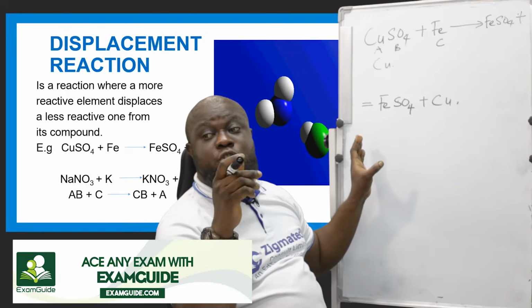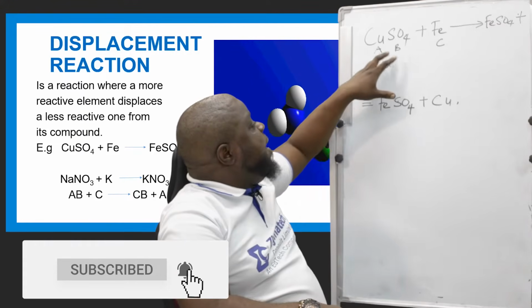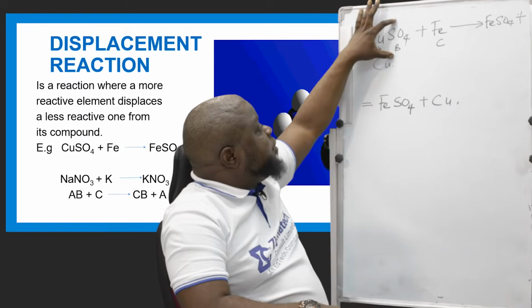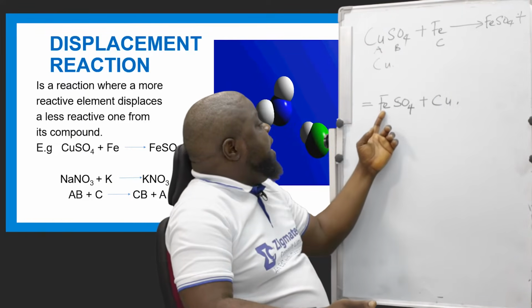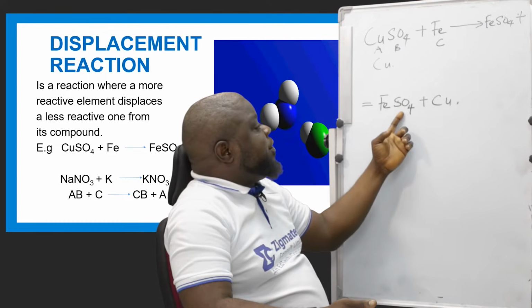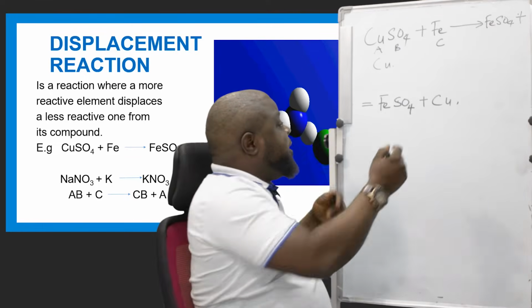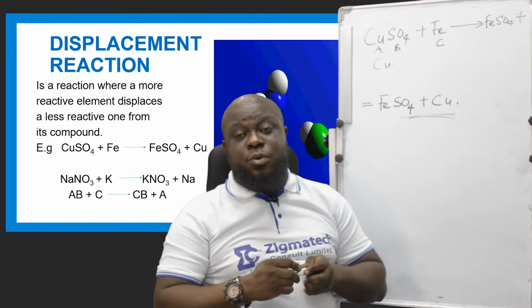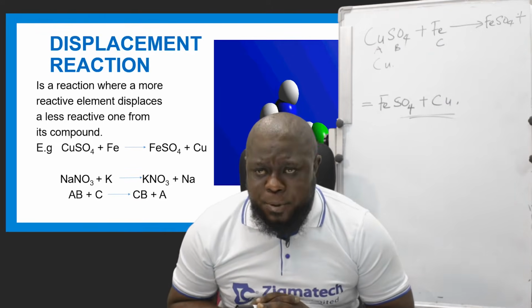Same is applicable to sodium nitrate and potassium. Now, as you have seen, they said it's AB plus C. The A is copper, the sulfide is B, and the iron is C. Now, what is the A? The A is the copper, the B is the sulfide, and the iron is the C. This is your displacement reaction. The same thing is applicable to the next one that we saw there, sodium nitrate plus potassium.